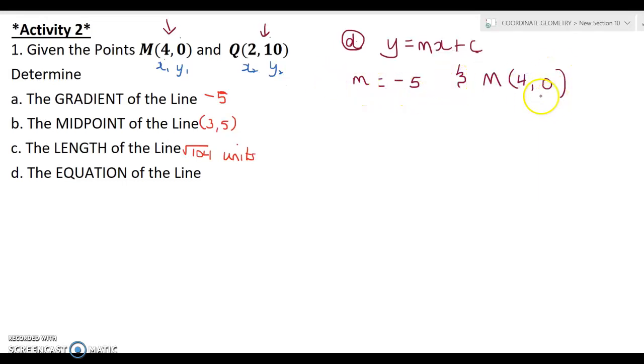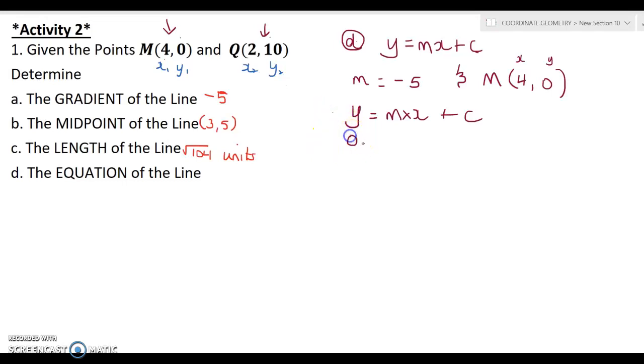We're going to substitute our values into the equation. Now remember, mx is the same as m times x, plus c. And I'm just going to name the coordinates in my point M. So the 4, remember, represents the x value and the 0 represents the y value. So my y value is 0, so put 0 there.